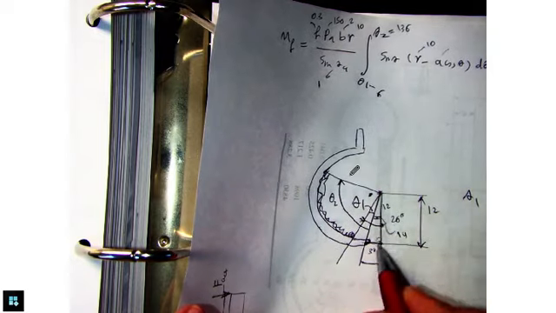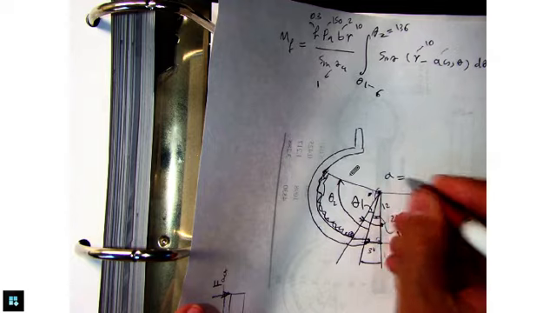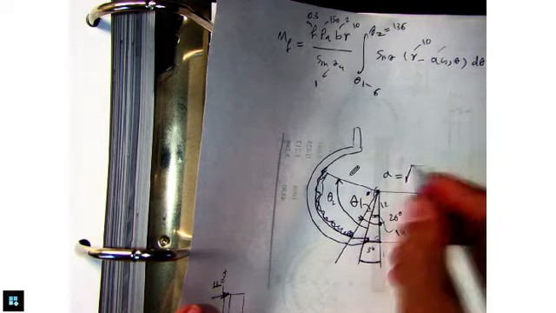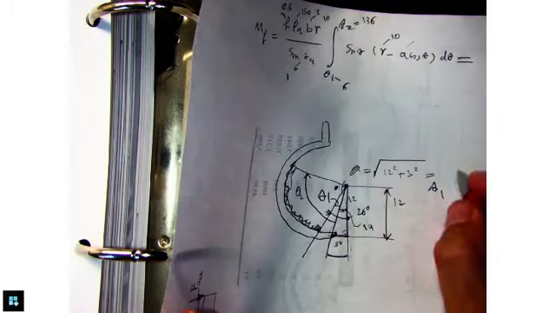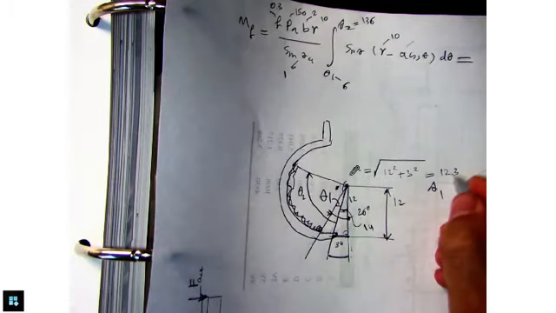On this right triangle, a is going to be the square root of 12 squared plus 3 squared.